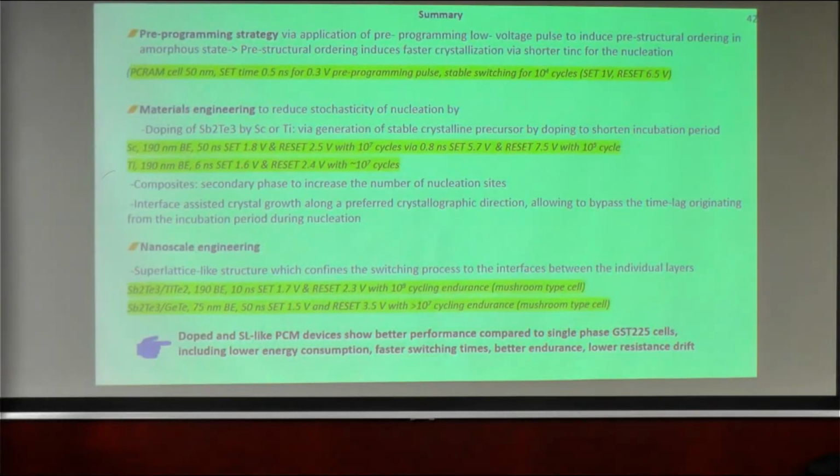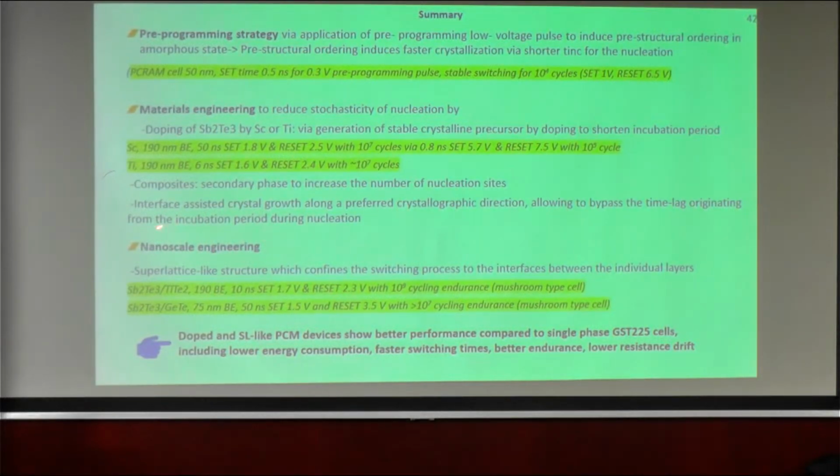Composites can also be used. In this case, the secondary phase is used as a template for the nucleation of the GST material, and interface-assisted crystal growth can also be used to speed up the crystallization.